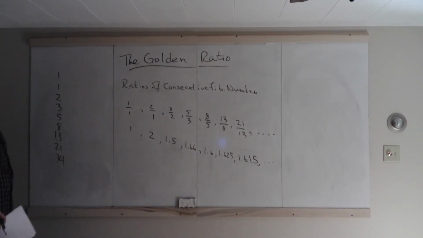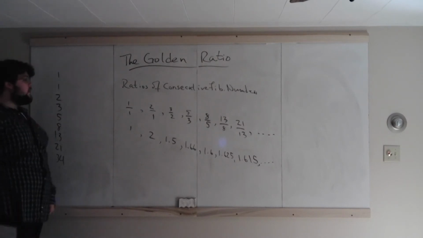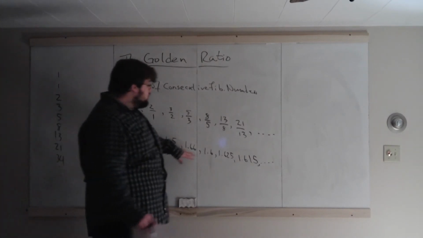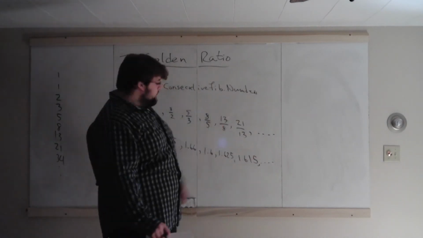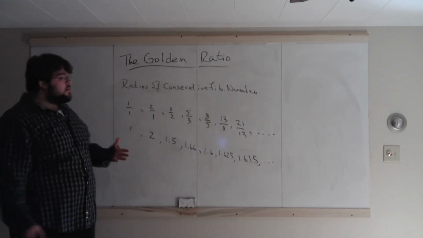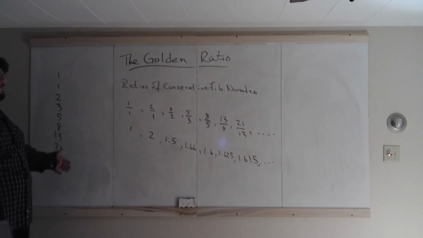Now, you can keep going because this sequence keeps going. You can keep going 34 over 21, 55 over 34, 89 over 55, and so on. Now, these numbers look like they're all approaching a certain number. And they actually do approach a certain number.